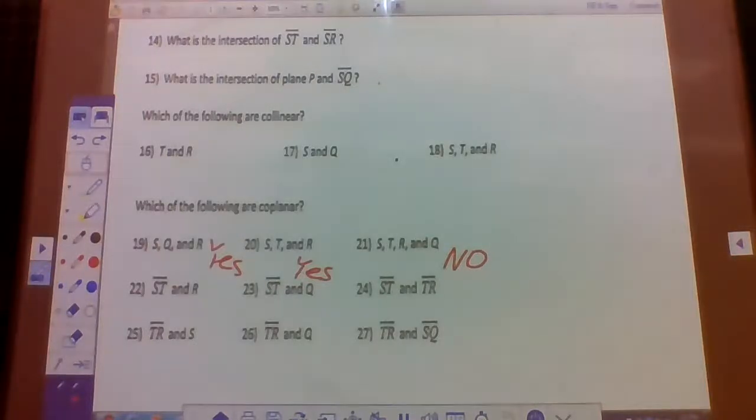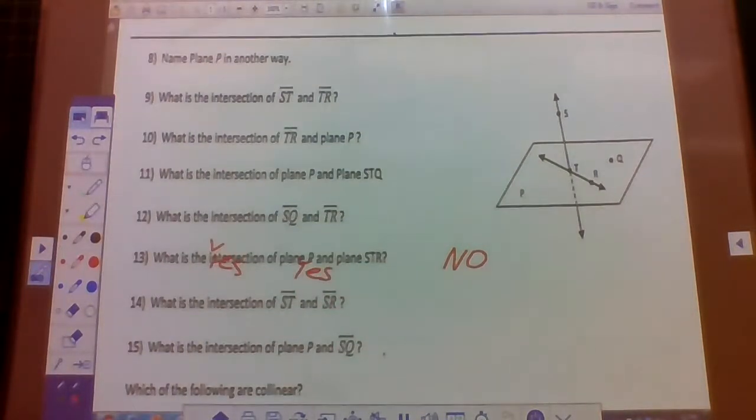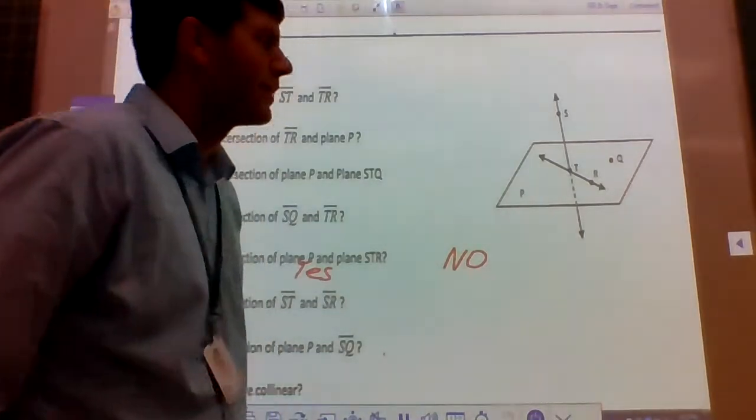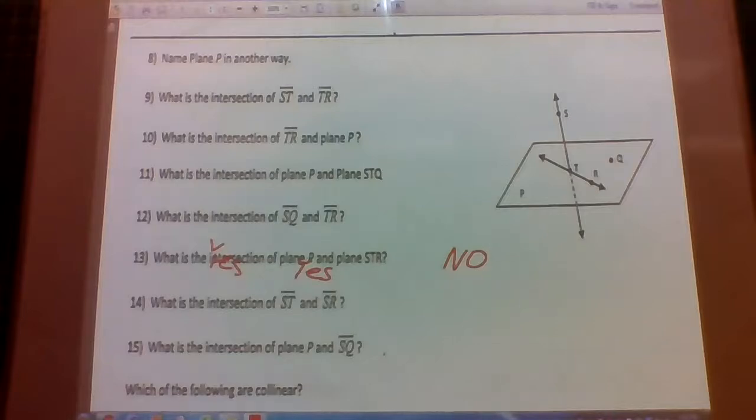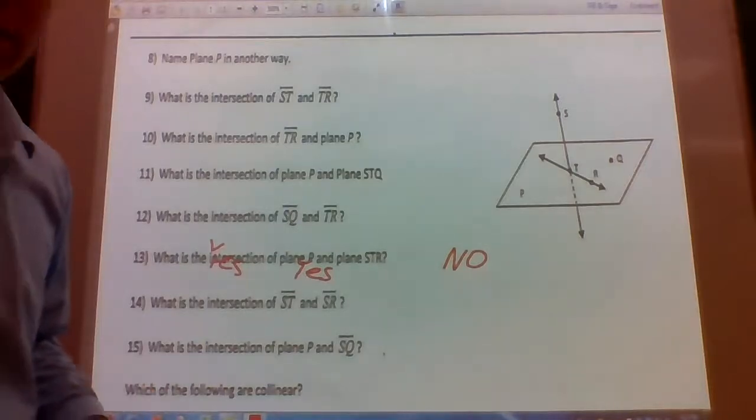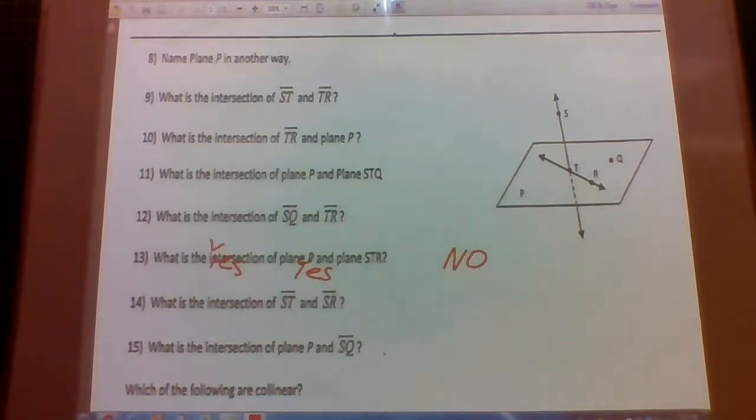The next one, we have line ST and R, point R. So if we have line ST, we know we have points S and T. So we have 3 points, ST and R. And we know those 3 points are non-collinear. Since those are 3 non-collinear points, we know that they can form a plane.